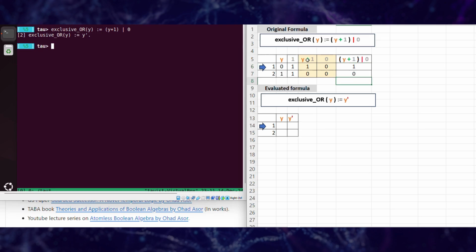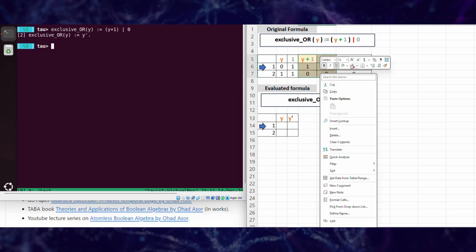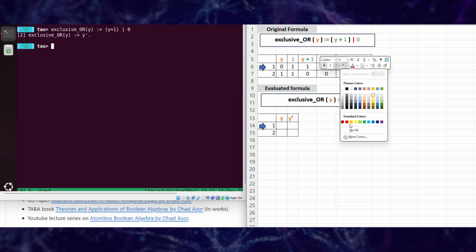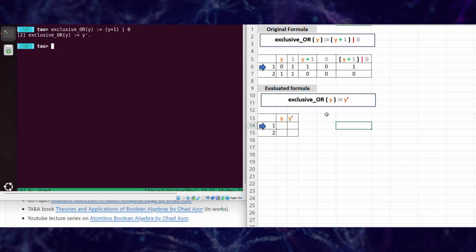Done. Okay. So here, this is 0 and this is 1. So we see here the opposite of 0 is 1 and the opposite of 1 is 0. So that's it. They have the same results.